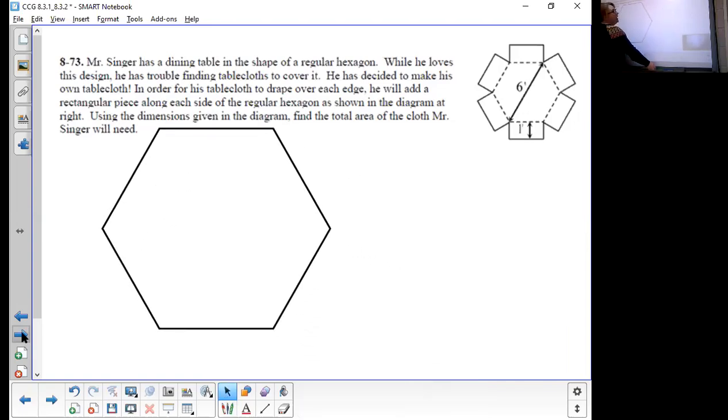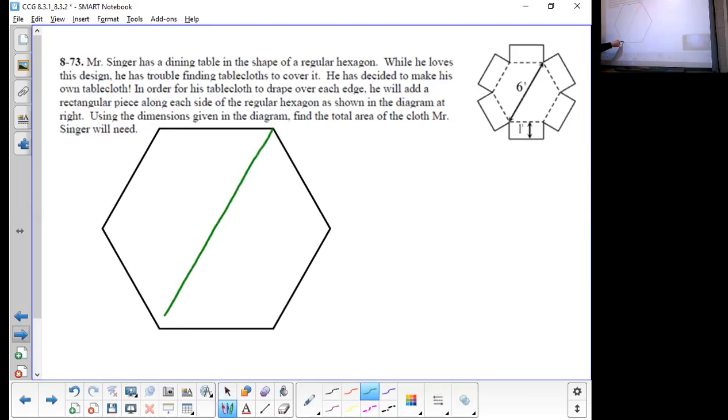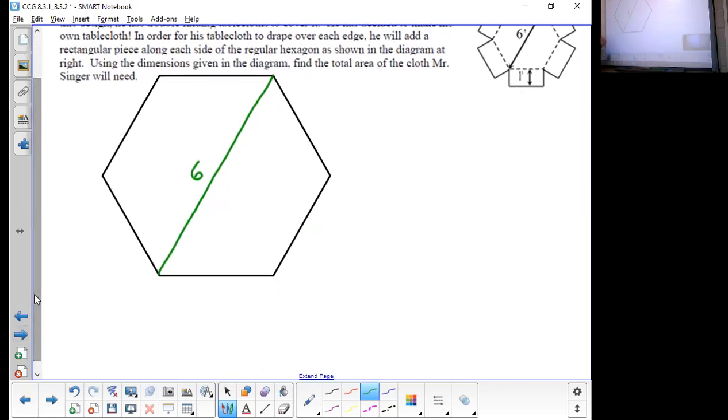Okay, so I know that this whole length is 6. The way we find the area of regular polygons is by splitting it up into congruent triangles, right? That's off a little bit, but you get the idea. So if that whole length was 6, what would this partial length be? 3.